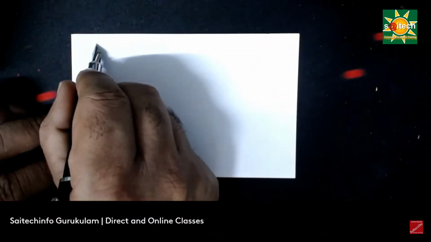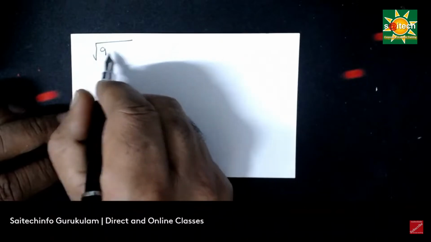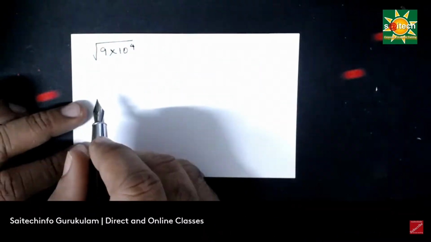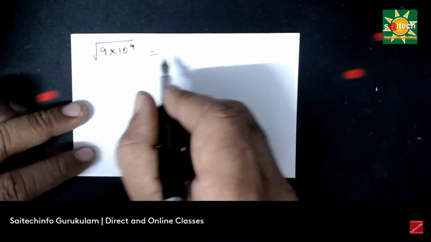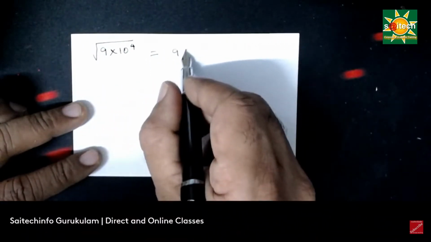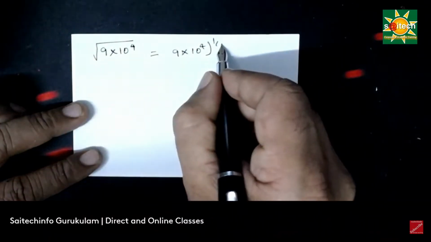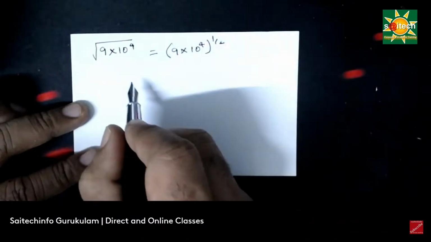Square root of 9 into 10 power 4. So we can take this as 9 into 10 power 4 whole power 1 by 2, right?